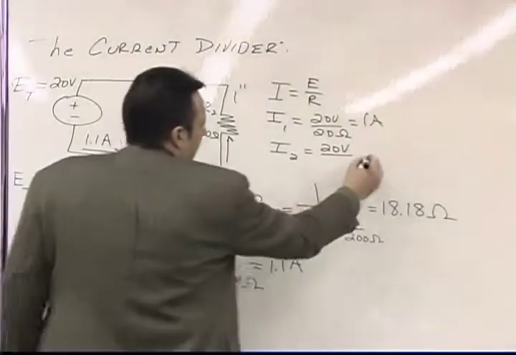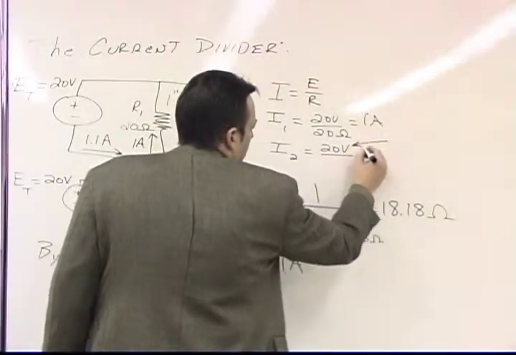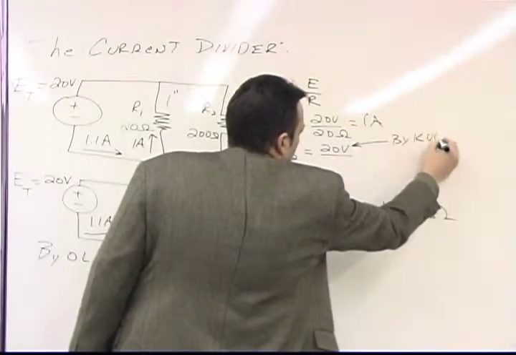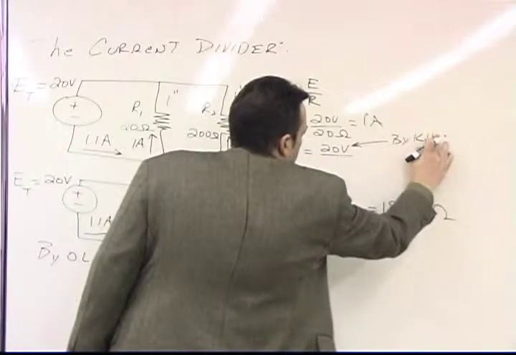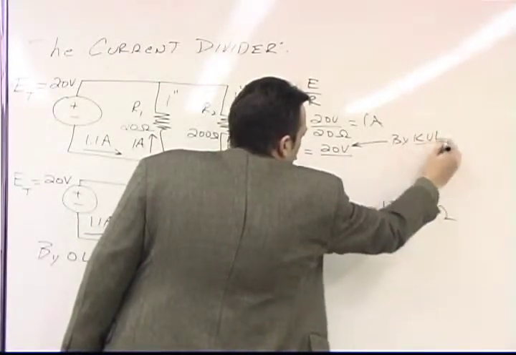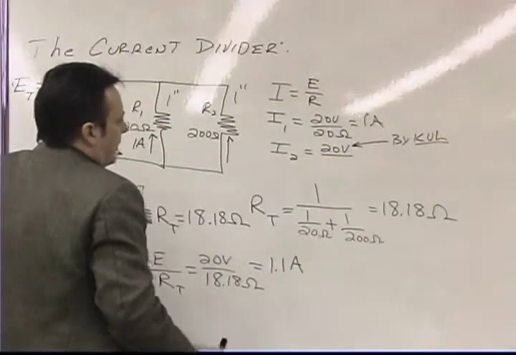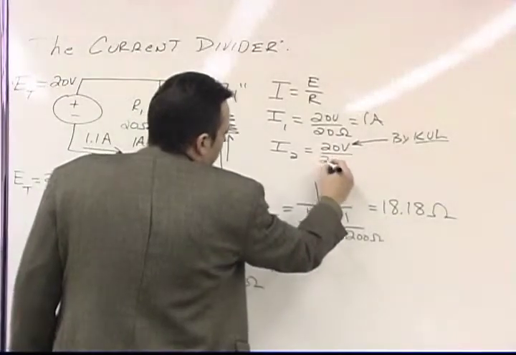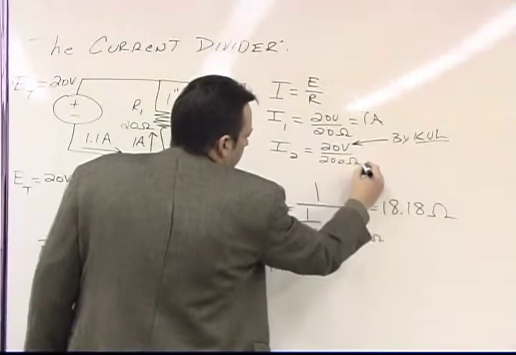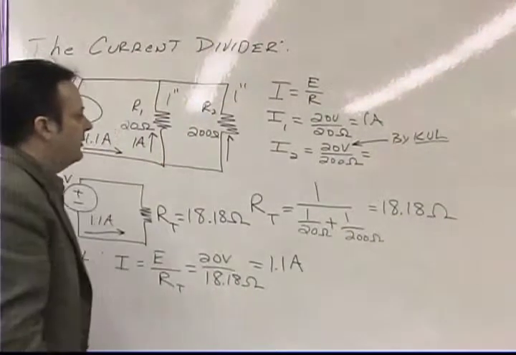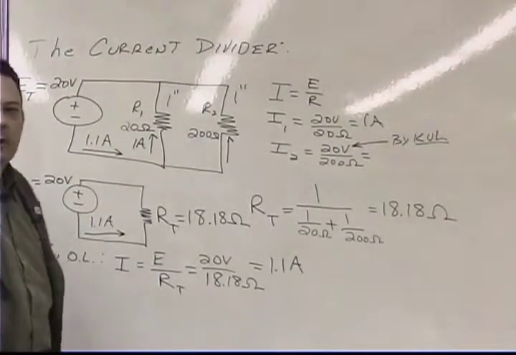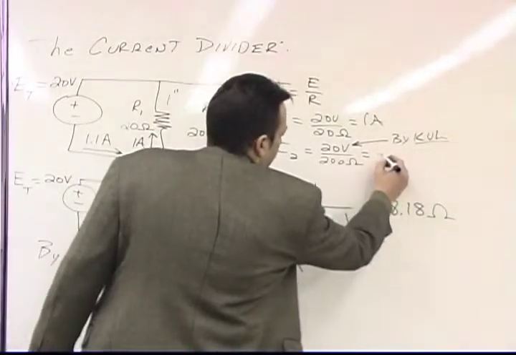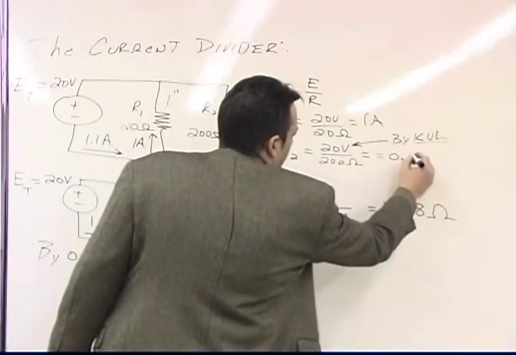Okay, we know that this voltage right here is 20 volts by Kirchhoff's voltage law. Okay, and then of course the resistance of this branch is 200 ohms. So 20 divided by 200 would be 0.1, right? Okay? So this is equal to 0.1.